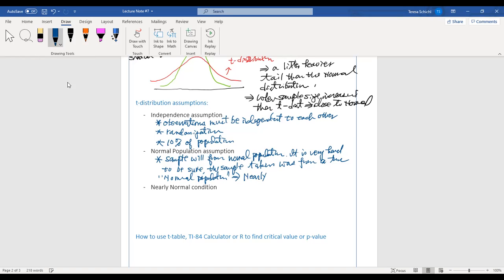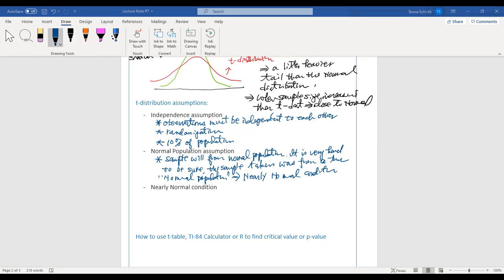That's why we say it's a nearly normal condition. As long as it's close enough, I'm fine. So what is nearly normal? That means when you take a sample, as long as it looks kind of normal, that's fine.